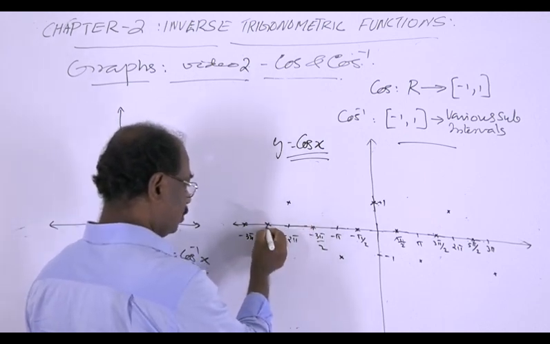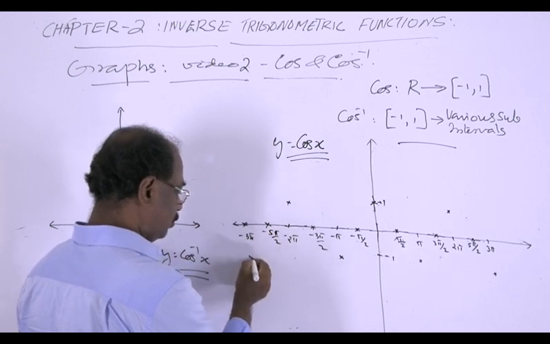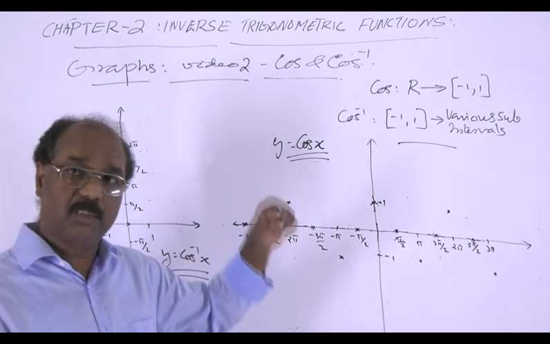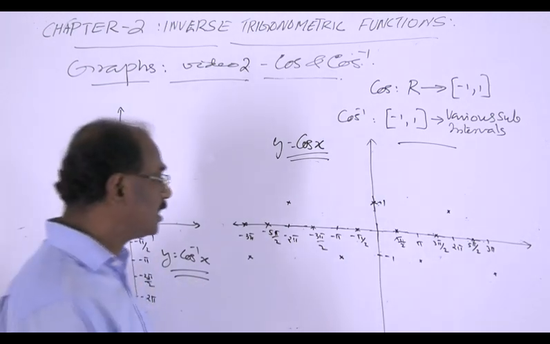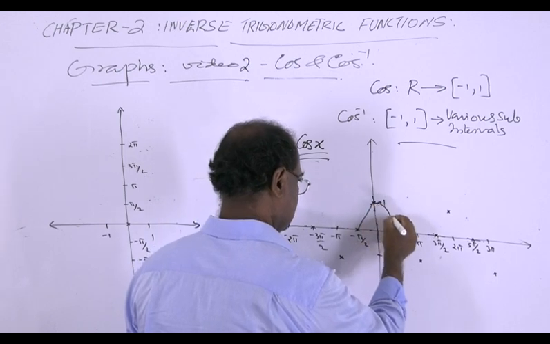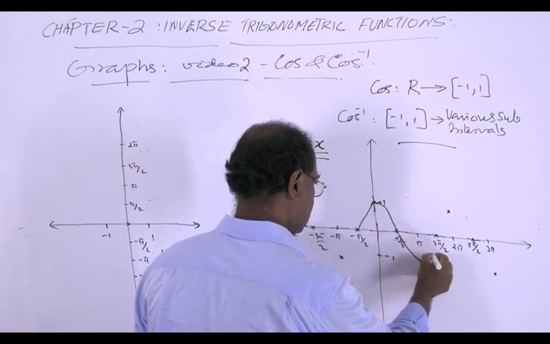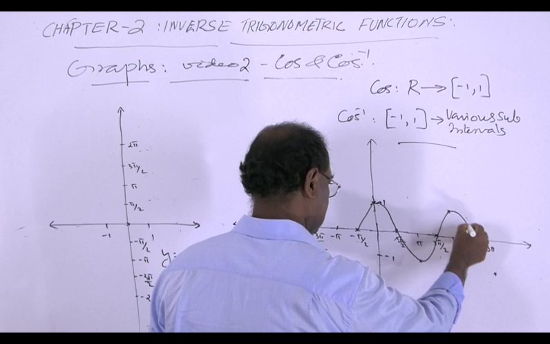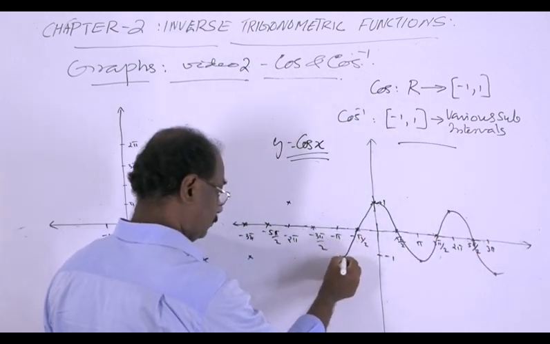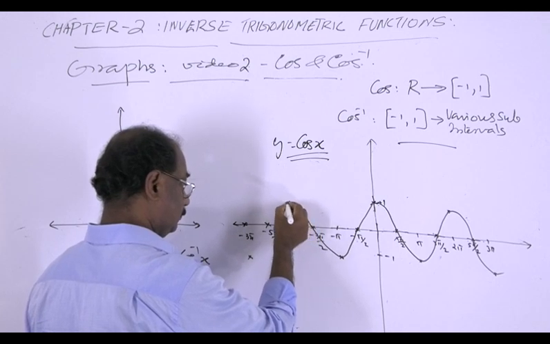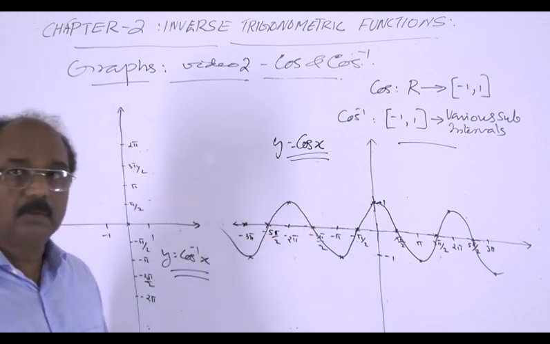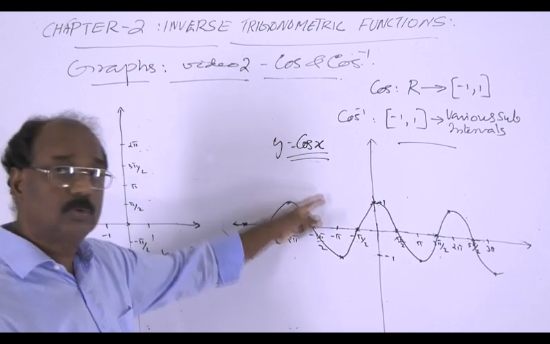Minus 5 pi by 2 gives 0, and minus 3 pi gives minus 1, here. Similarly, we can note all the points. Drawing through these points a smooth curve, we get the curve for y equal to cos x.